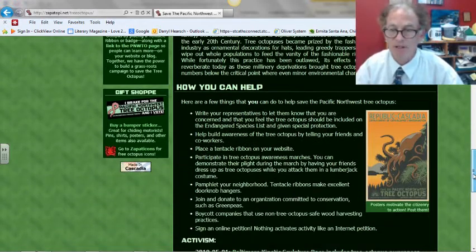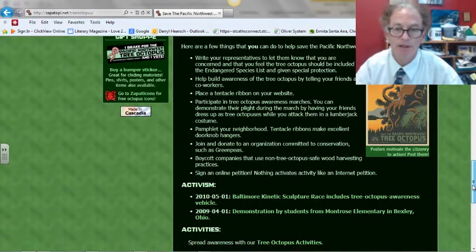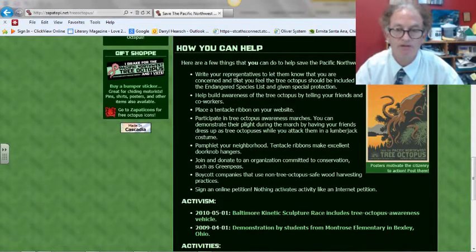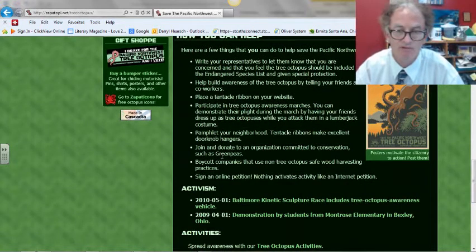I would start the question at, okay, how can you help? Okay, so this is basically how we can help to stop this animal being made extinct. Okay, it says, I don't know if this is correct or not, but Greenpeace is often referred to, but this one talks about green peas.